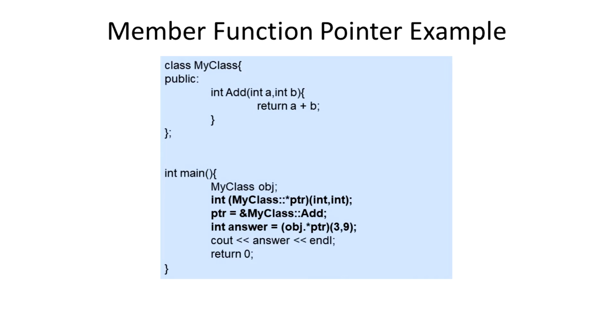That's the first pair of parentheses. And then the second pair of parentheses, of course, corresponds to the parameters being passed in to that function, which in this case is 2 integers. So the first and last sections are the same. It's just the middle section where we have to refer to the scope, the class where the function is located.